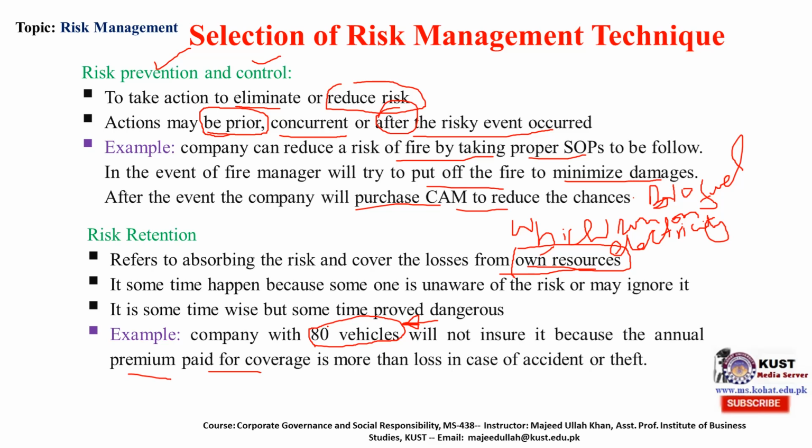It is rare that all 80 vehicles will be stolen, and even rarer that all 80 vehicles will catch fire. So the premium paid for insurance of these 80 vehicles is far more than the loss in case of any accident or theft. So they will not transfer the risk by insurance, they will retain that risk.